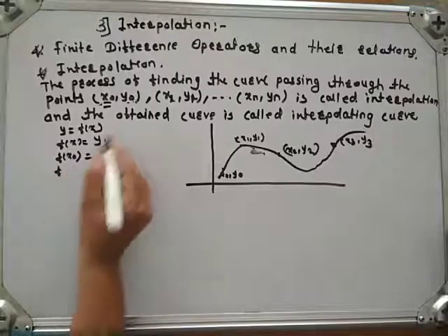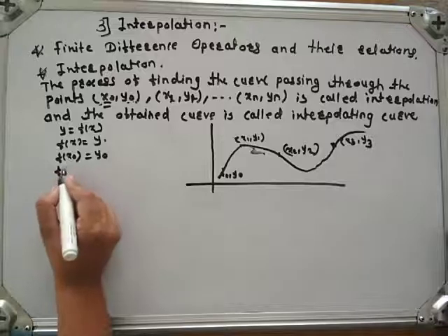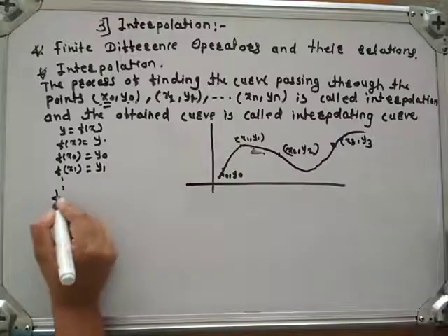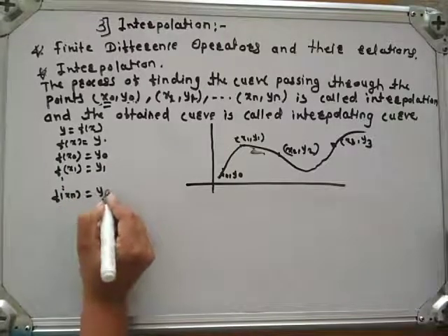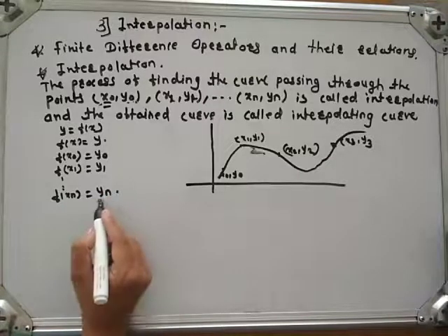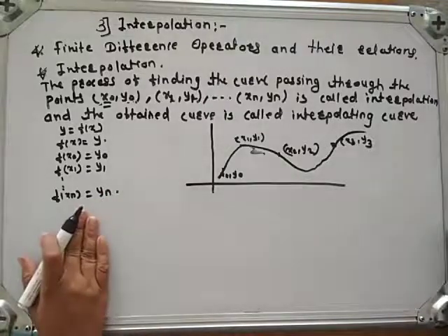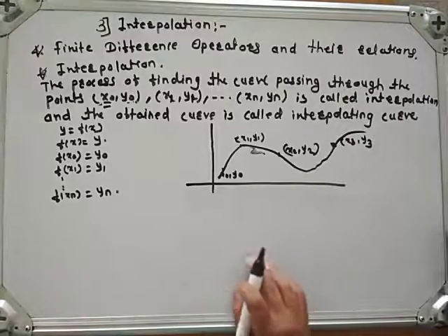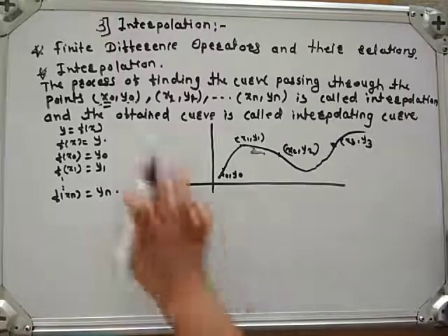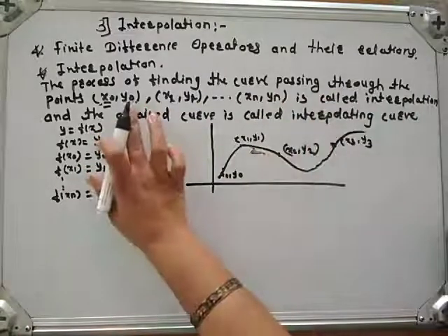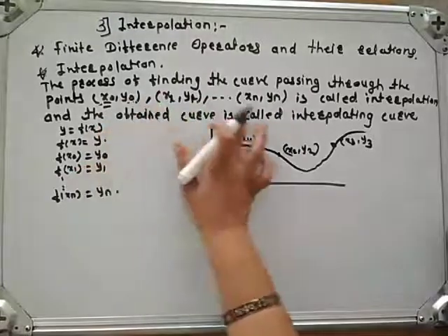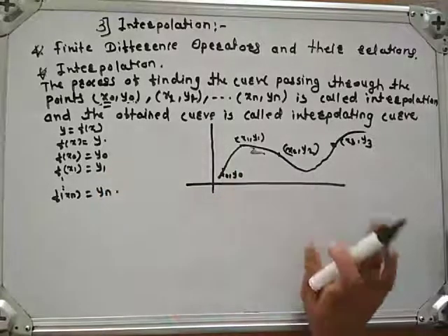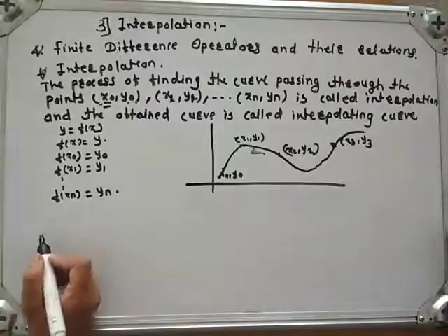If you put value of x as x1, then we will get y1 and so on. f of xn is equal to yn, means yn is the value of a function at point xn. What is interpolation? Interpolation is the process of finding the curve passing through the points x0, y0 and so on up to ordered pair xn, yn. And the obtained curve is called interpolating curve.